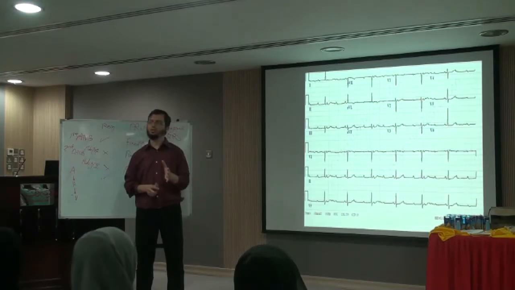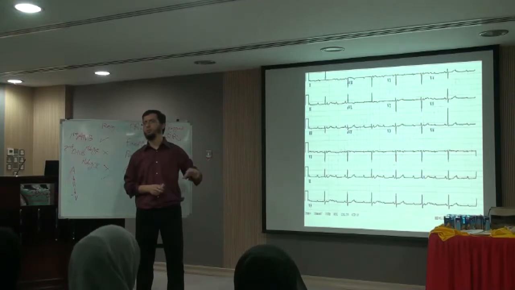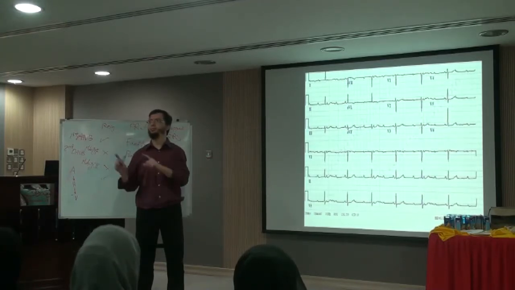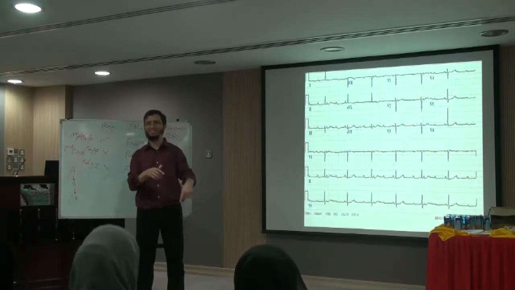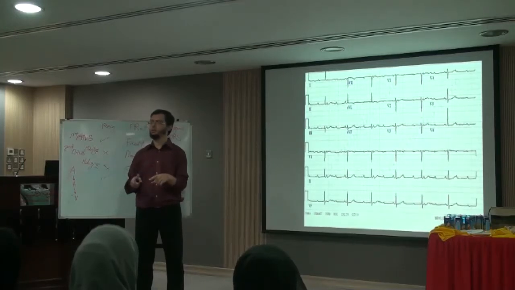Actually, AV dissociation is not only third degree AV block. So yeah, banana is fruit, but fruit is not banana. Fruit can be apple, guava, all other things. So not every dissociation is a third degree AV block.